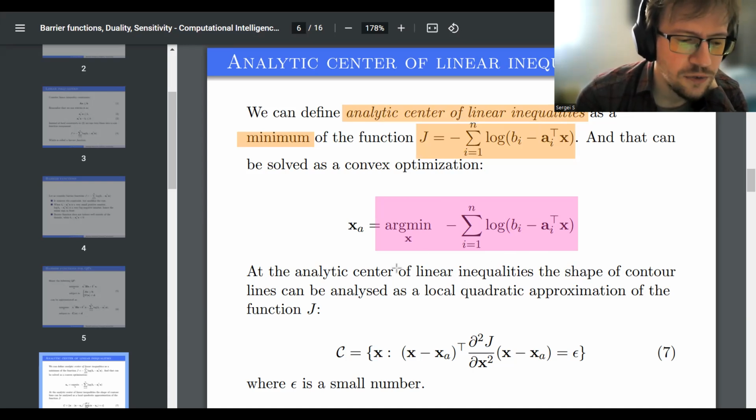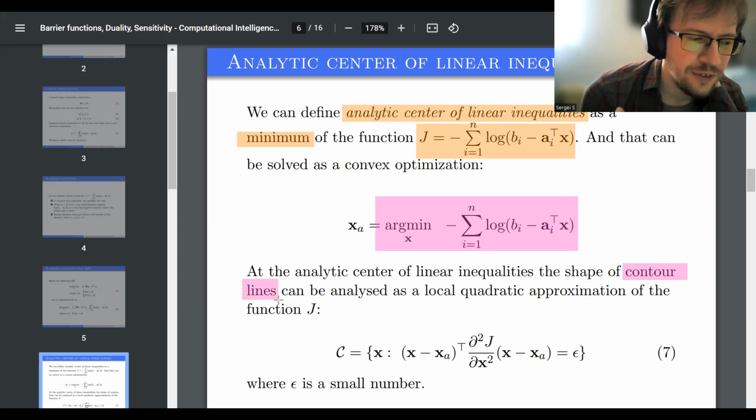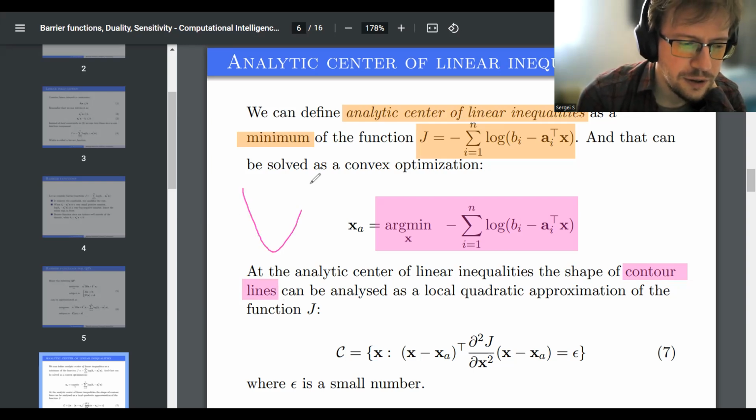At the analytic center of linear inequalities, the shape of contour lines. So what is a contour line? Let's first answer what is a contour line. The contour line is the line with equal value of the cost function. So you remember maybe those, let's say this is a parabola. It would have contour lines kind of like this.